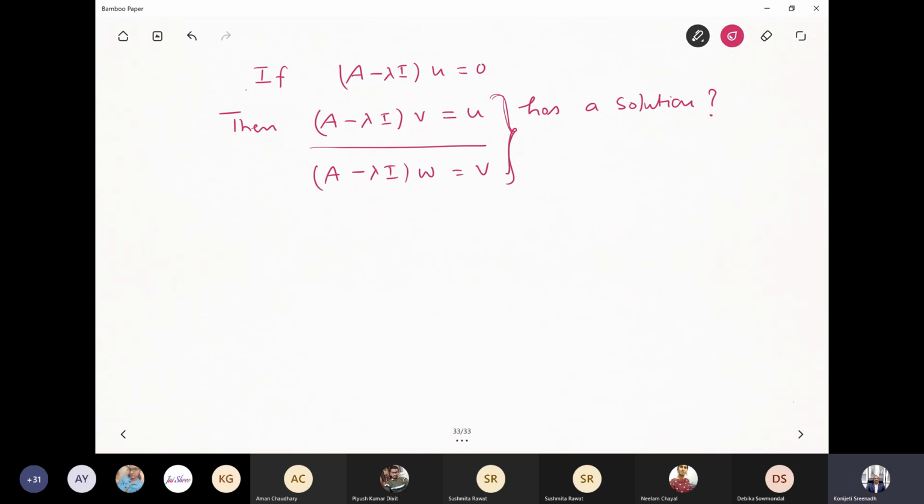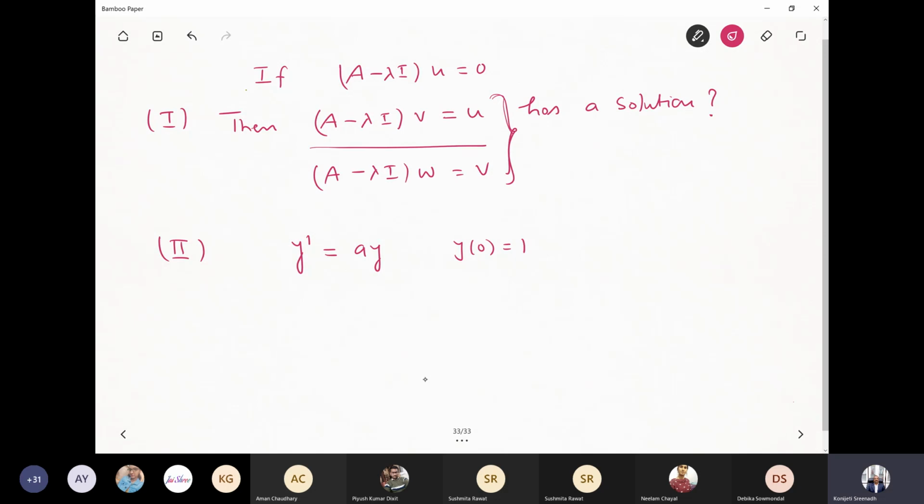Okay, and this is one, and the other one is, if you recall the first order equation, y prime equals a y, say y at 0 equals 1. Then we wrote the solution y equals exponential.